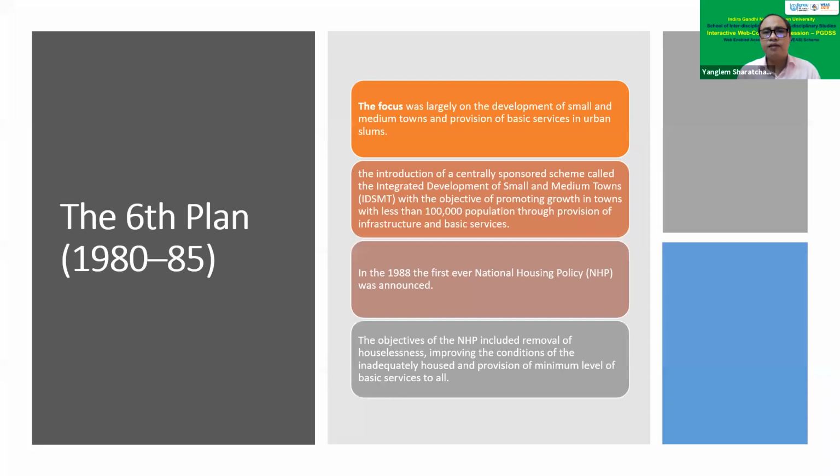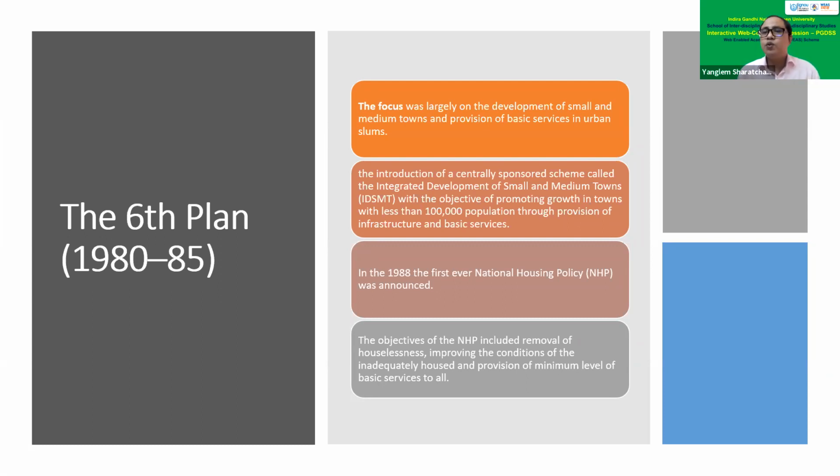Then come to the sixth plan. The sixth plan's major focus was on development of small and medium towns and giving basic services in urban slums. Up to the sixth plan in the 1980s, the issue of slums still exists even today.